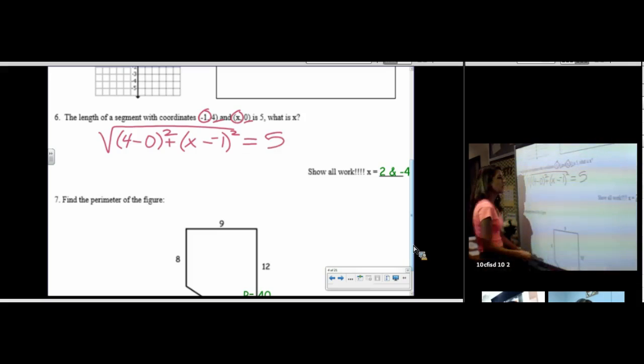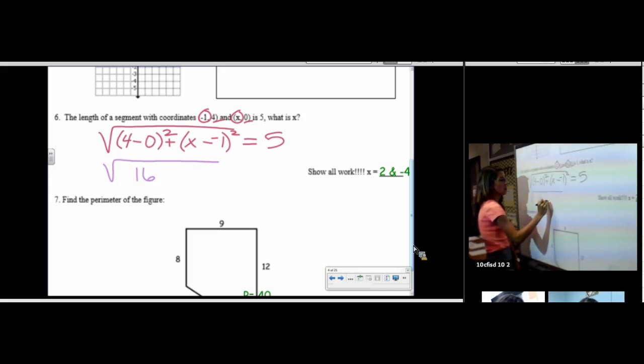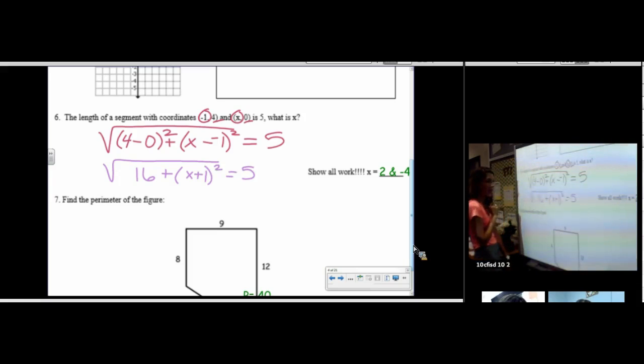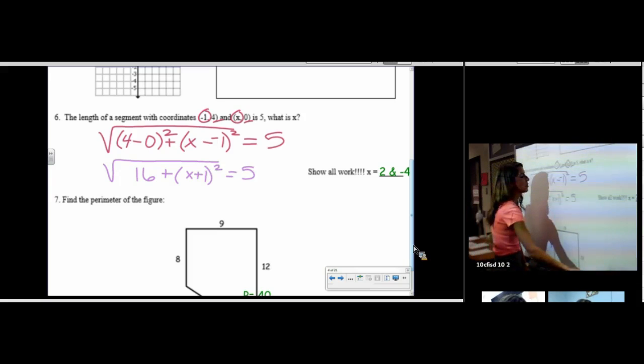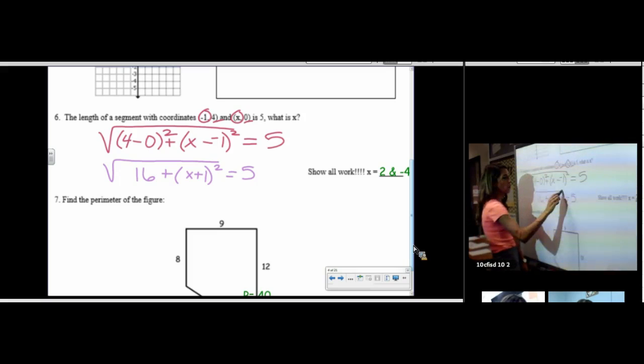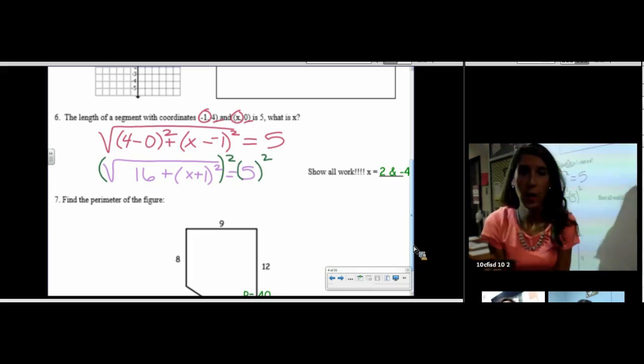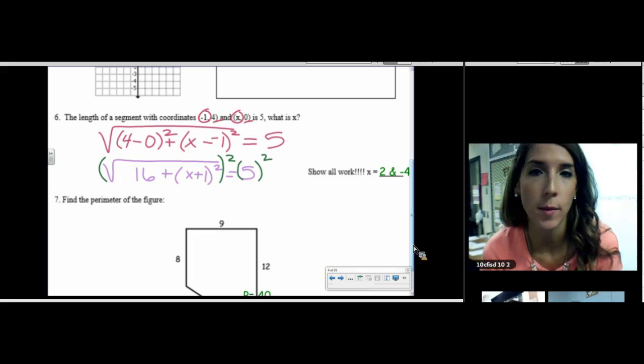Okay? I'm going to clean it up a little bit. This is the square root of, well, 4 minus 0 squared, okay, so that's just 16, and then a minus a negative is a plus. Okay? The next step is to do the opposite of what's being done to x. We need to get the square root away, so we are going to square both sides.